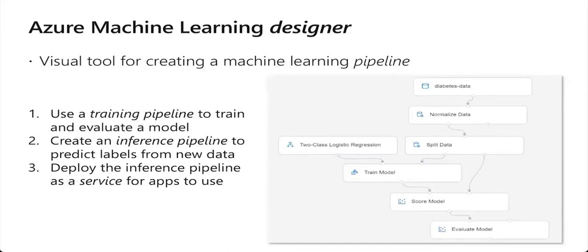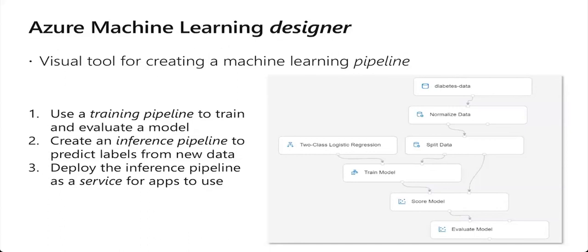The Designer is a visual tool for creating machine learning pipelines. And a pipeline is basically a multi-step workflow to prepare data, train models, and perform model management tasks. As you can see here on the right side of the screen. On the left side here, you can see that these three main steps are important. You start with a pipeline that ingests data, pre-processes it, and then trains and evaluates the model.